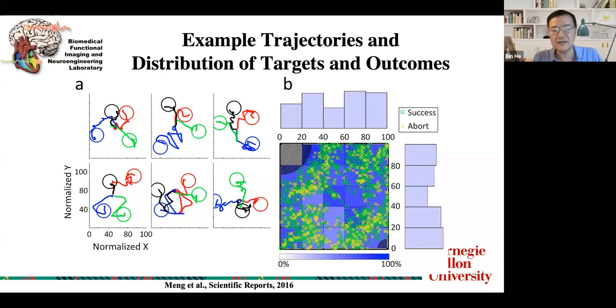Basically, you can see the target is randomly placed, and the subject controls entirely using their mind to navigate, reach the target, grab it, and then put it onto the shelf. The right panel shows about 2,000 trials in this group of human subjects. The green circle illustrates a successful trial, and the yellow cross illustrates an abort.